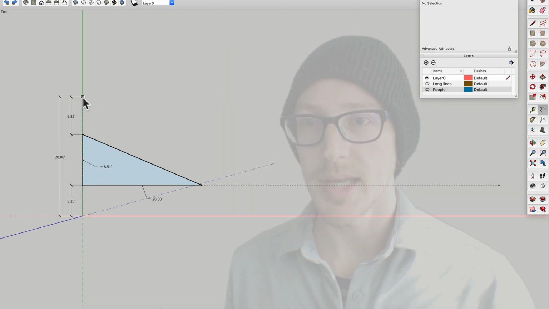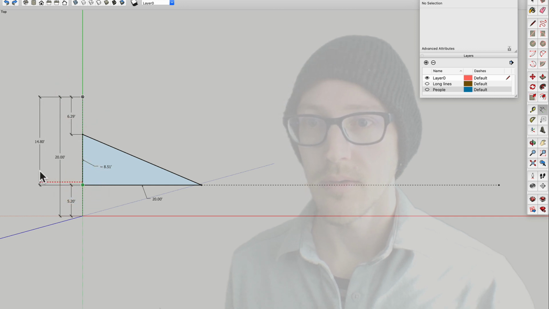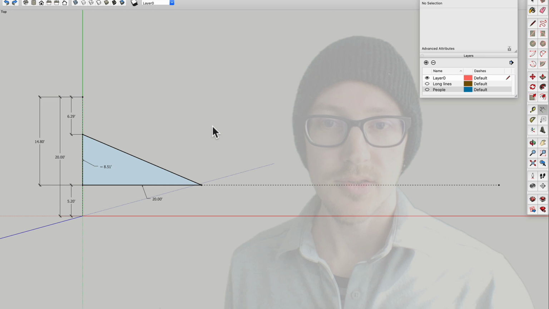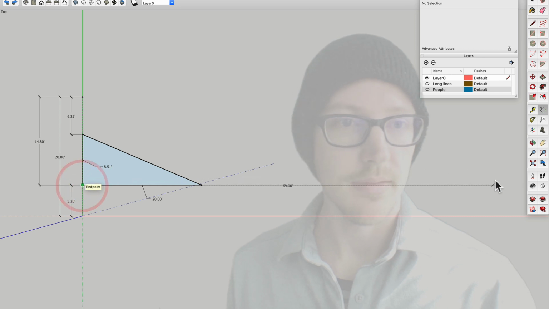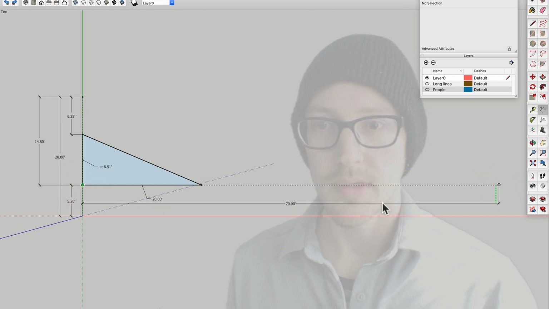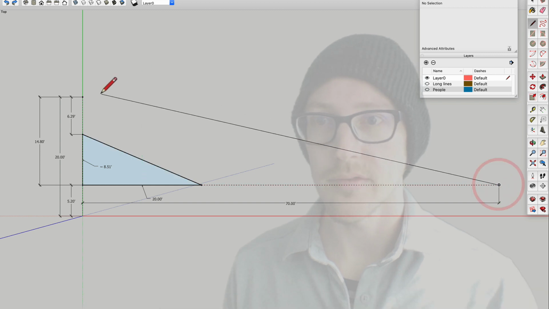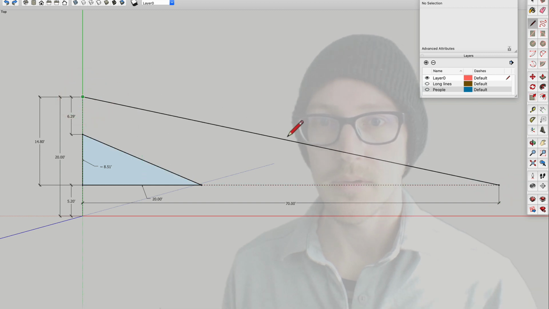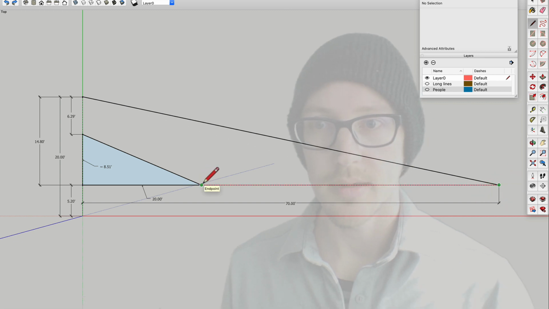And I'll go ahead and put that in. Okay, so that piece of the triangle, and then 20 plus whatever this is, 70, and I'll just draw this line in for visual aid. And another one from here.